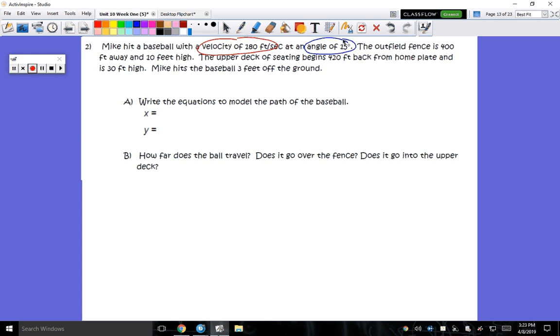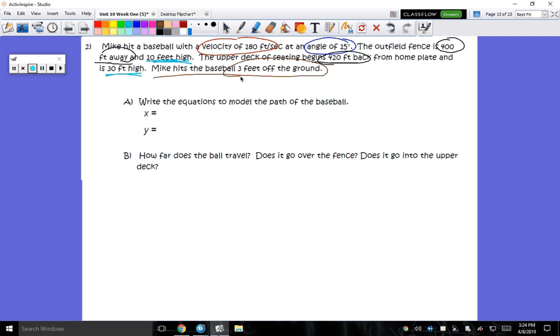The outside fence is 400 feet away, and it's 10 feet high there. The upper deck of the seating begins at 420 feet from the home plate, and that is 30 feet high. And last but not least, Mike hits the ball 3 feet off the ground. There's a lot going on there. And if you don't know vectors, it's hard to even get started.